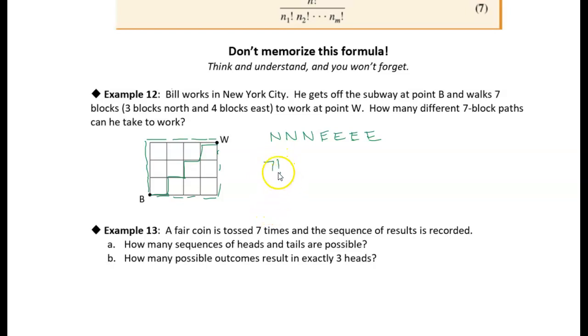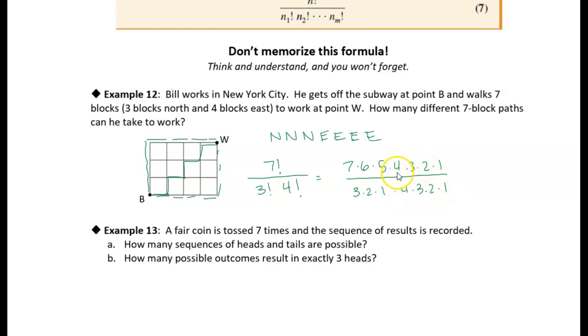We have 7 factorial ways to arrange 7 letters, but then we have 3 factorial ways to arrange the N's and 4 factorial ways to arrange the E's. Okay, and if we write that out, it's 7 times 6 times 5 times 4 times 3 times 2 times 1 all over 3 times 2 times 1 times 4 times 3 times 2 times 1.